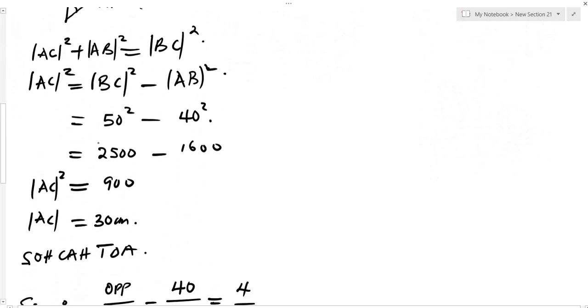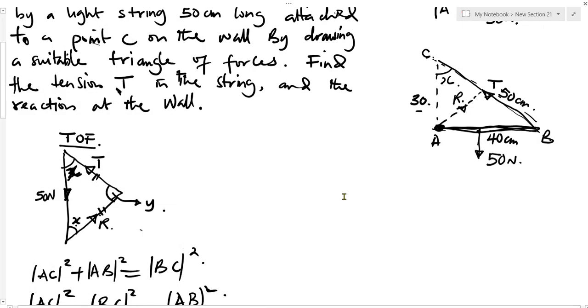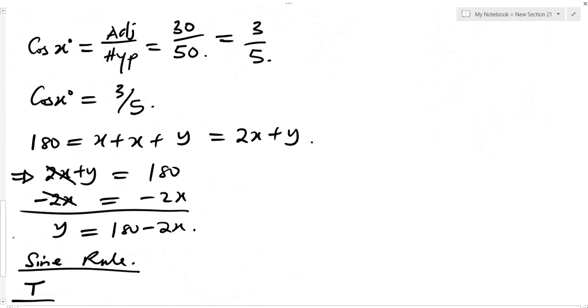So now you have the tension divided by the sine of the angle it is opposite to. So now this tension is opposite to this angle, which is x.